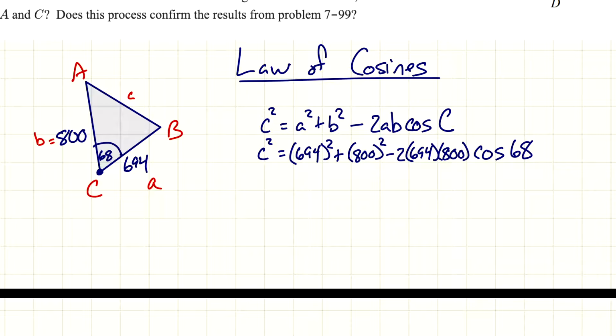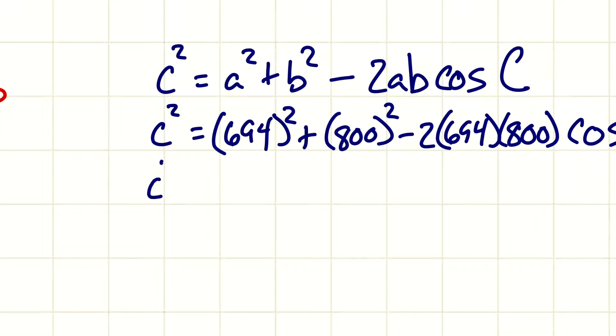let's multiply these out. So 694 times 694 gives us a huge number. So this is going to be c squared equals 481,636. That's a big number. Plus, we're going to add 800 times 800, right, squared.